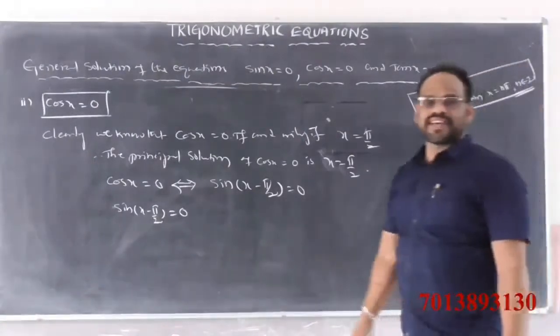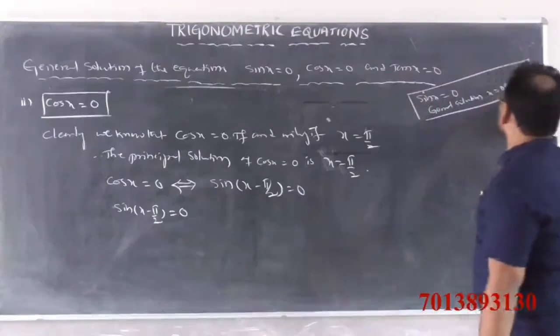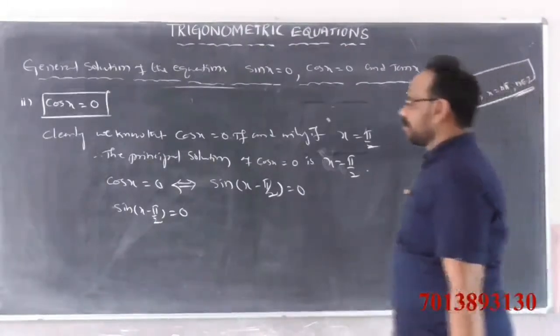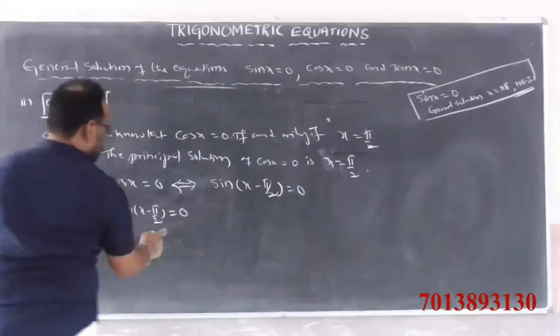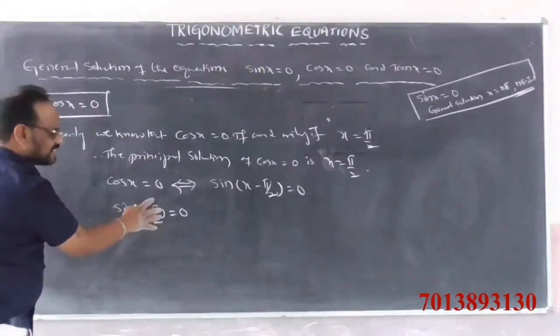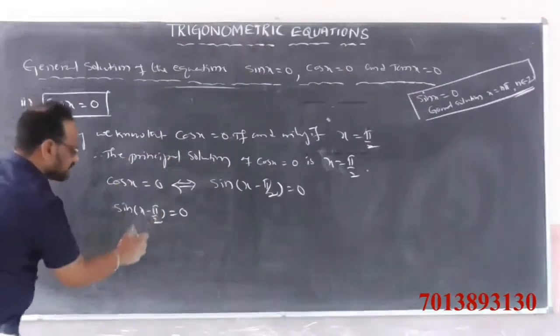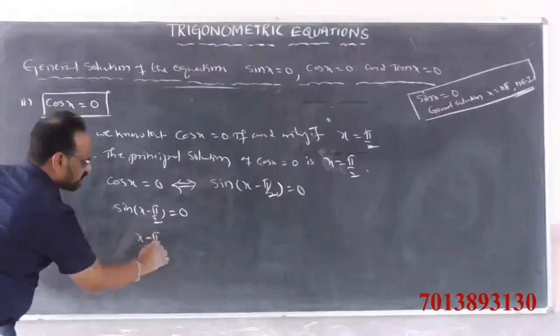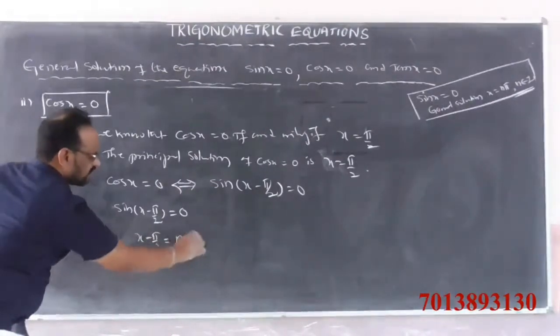The general solution of sin x equals 0 is x is equal to n pi, where n belongs to Z. So x minus pi by 2 is equal to n pi.